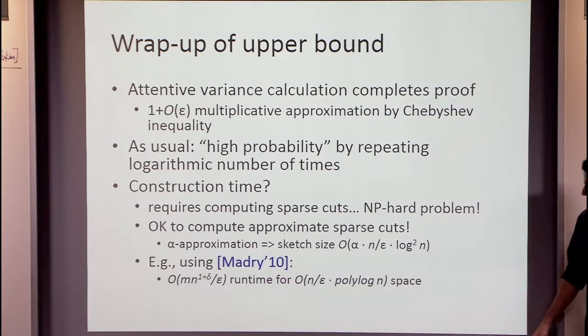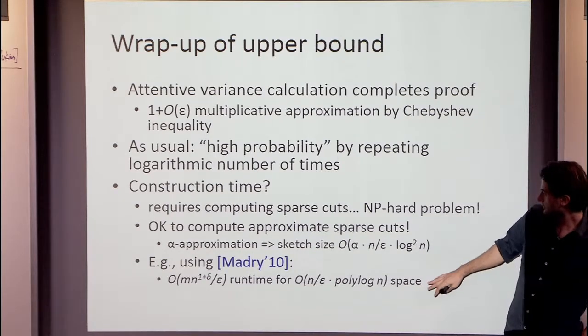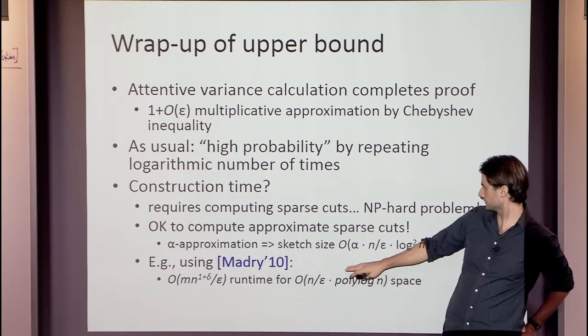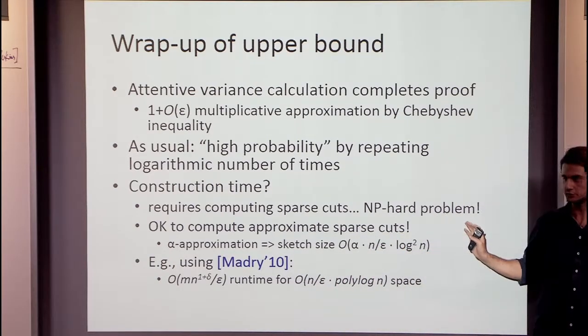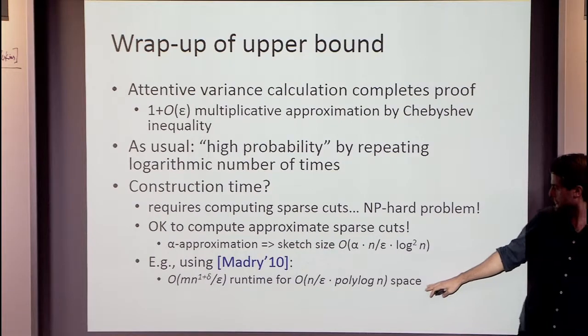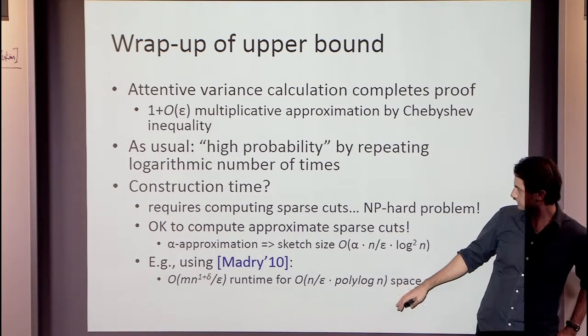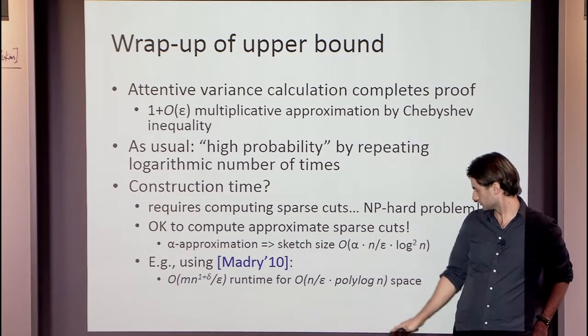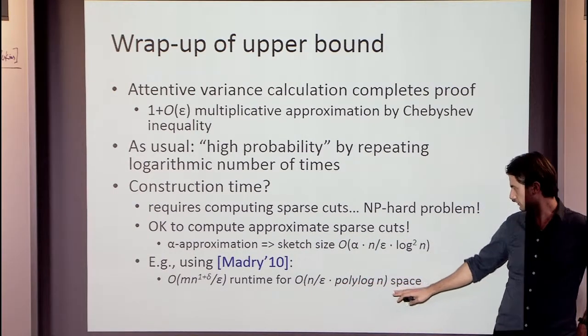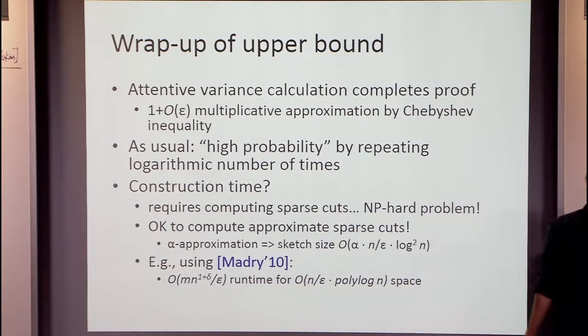If, for example, we use the fastest sparse cut construction by Aleksander Madry, at least that I know of, then in general we will obtain a runtime of m n to the power 1 plus delta, and the space will be n over epsilon times a polylog. This polylog power depends on delta.